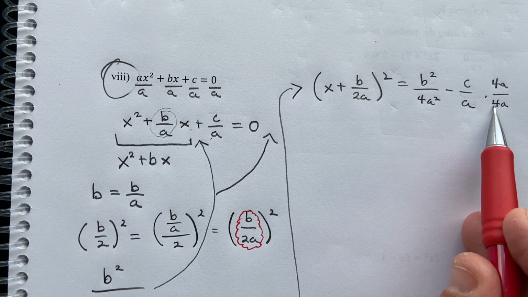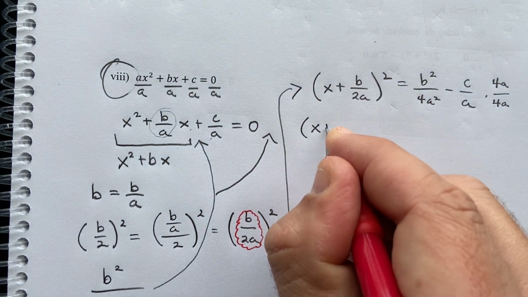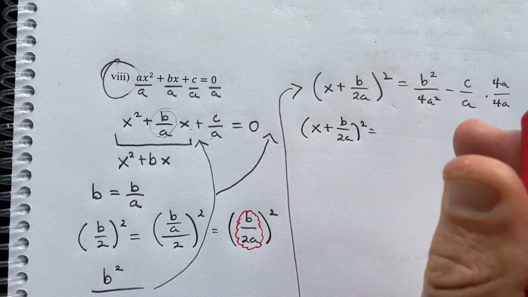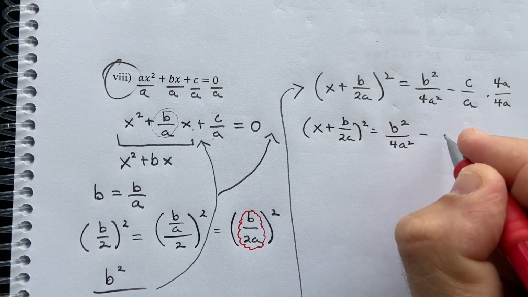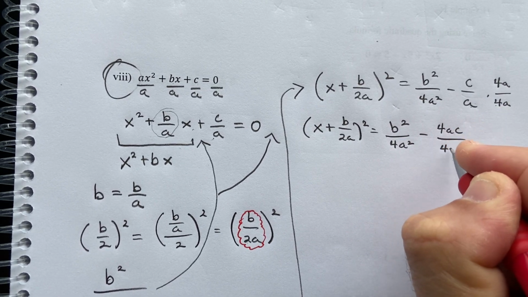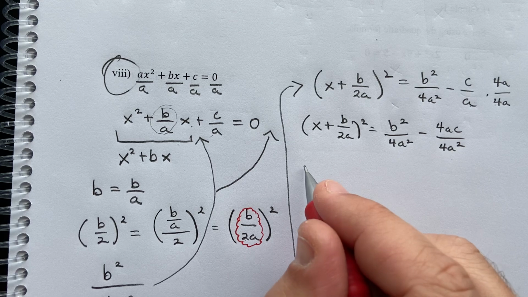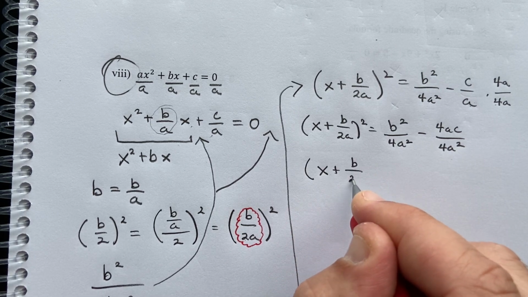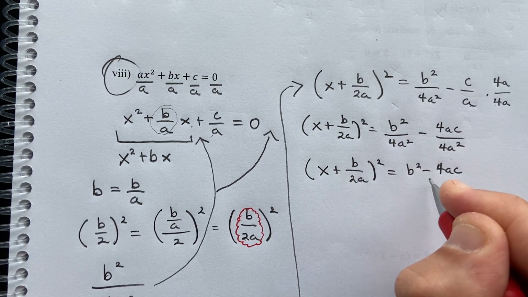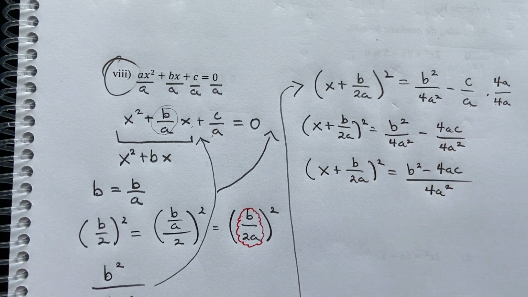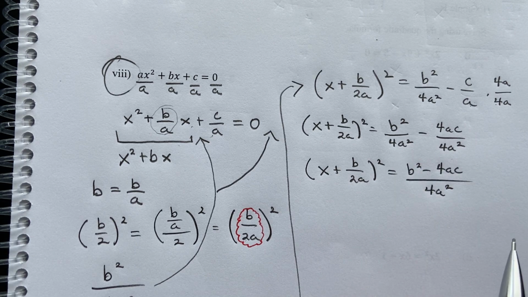I have a, so if I multiply by 4a, I'll have 4a squared. So x plus b over 2a all squared equals b squared over 4a squared minus 4ac over 4a squared. Now I can actually combine these. So I can say x plus b over 2a squared equals b squared minus 4ac over 4a squared. Right, just combining these into the same fraction because they have the same denominator.